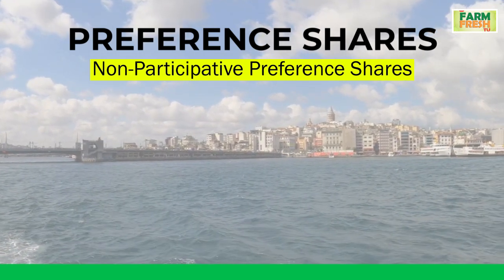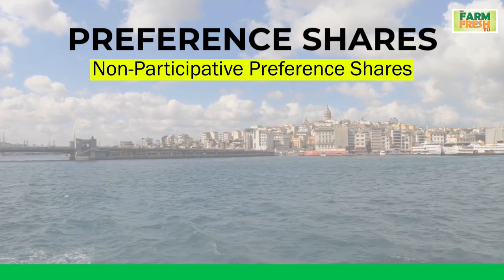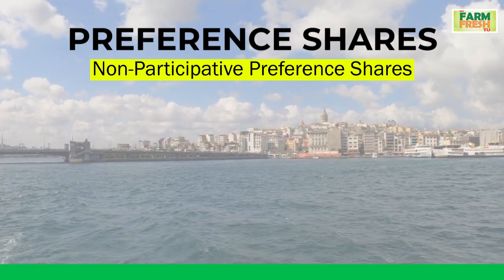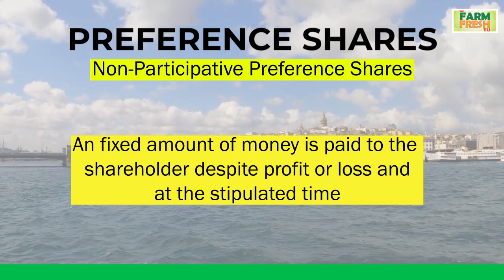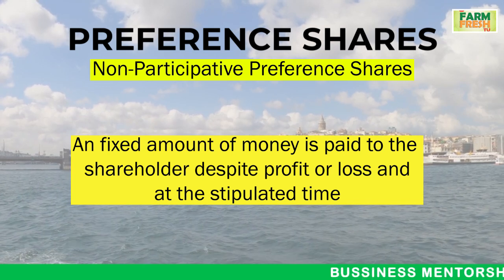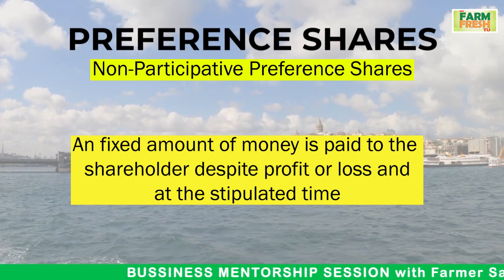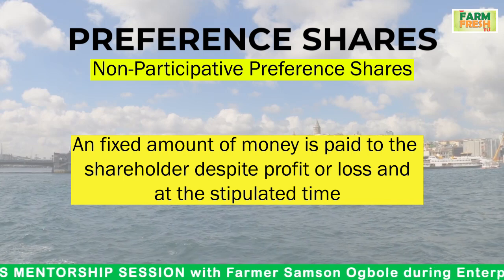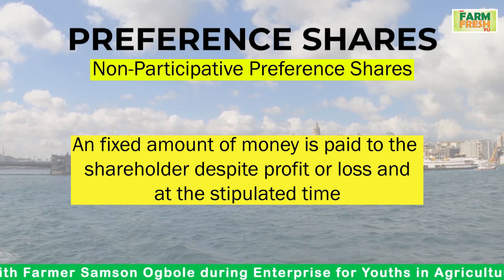Next, non-participative preference shares. Non-participative is one of the best preference shares you can get. From the day we invested, we agreed how much dividend you will give me, and make profit too. Our agreement is that for this 200 million I gave you, you will pay me a dividend of 2 million every year for life.